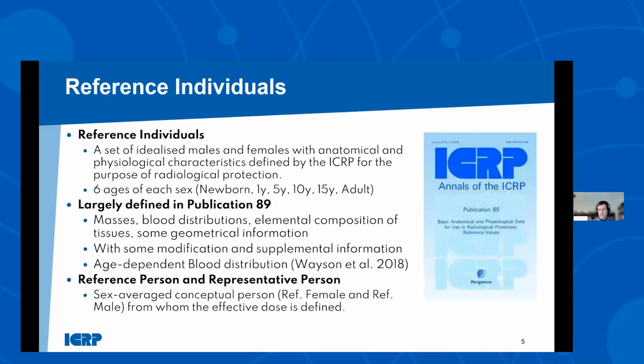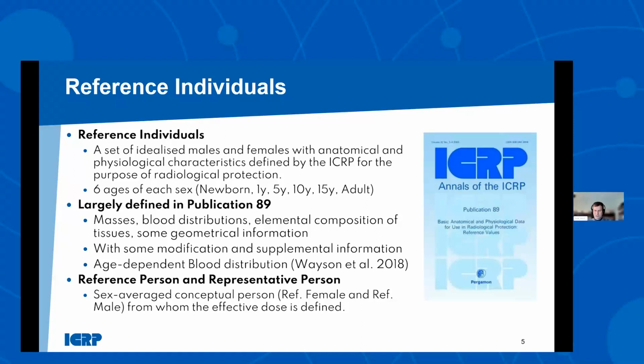So next, let's talk about reference individuals. Reference individuals are idealized females and males with anatomical and physiological characteristics defined largely in publication 89. There's a few outside sources of data we need to complete that definition. In this sense, the reference individuals are theoretical constructions designed for the purpose of being used to compute effective dose.